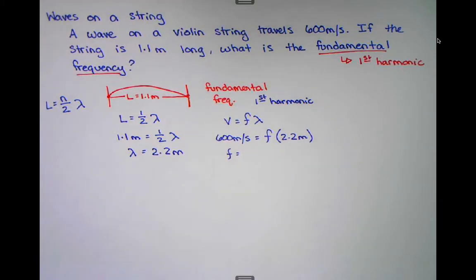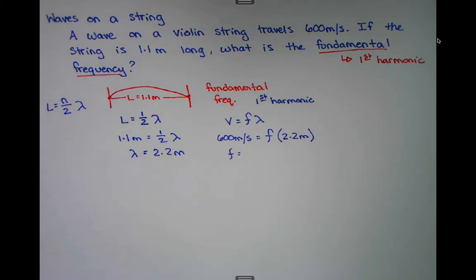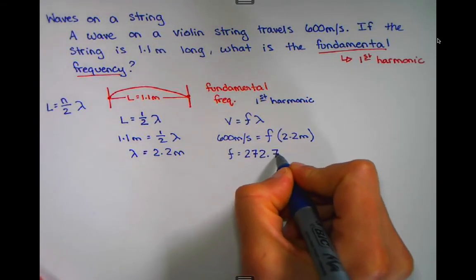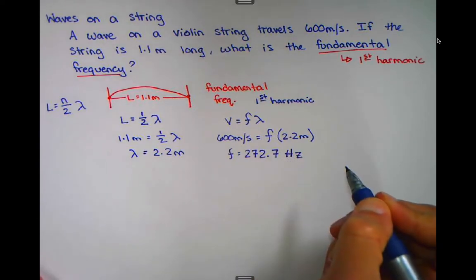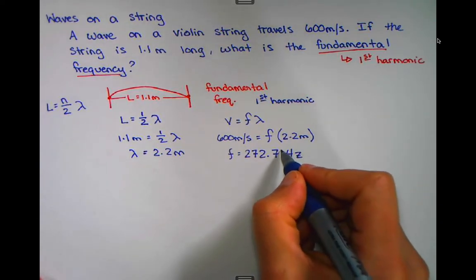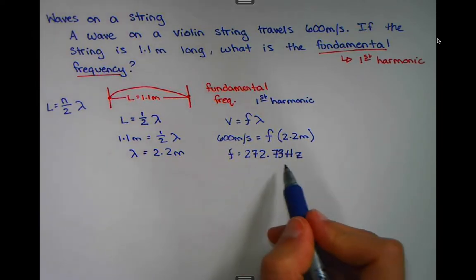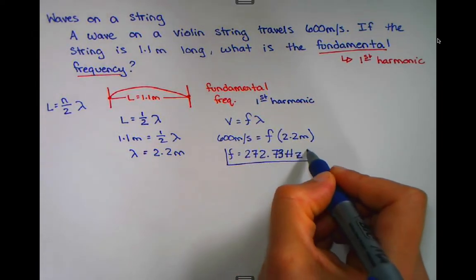If we divide 600 by 2.2, we get a fundamental frequency of 272.7 hertz. You could do 2 decimal places like we normally do, 272.73 hertz. So this is my fundamental frequency, the lowest frequency that's created.